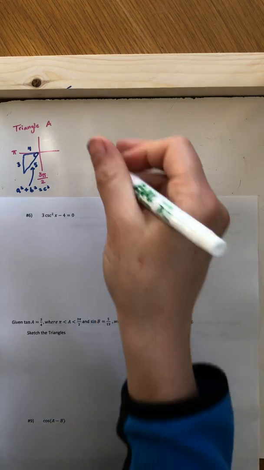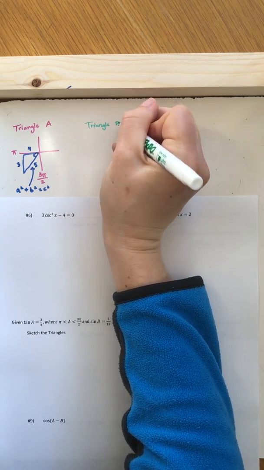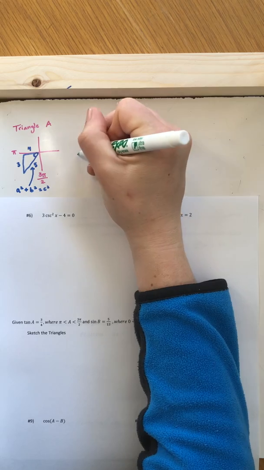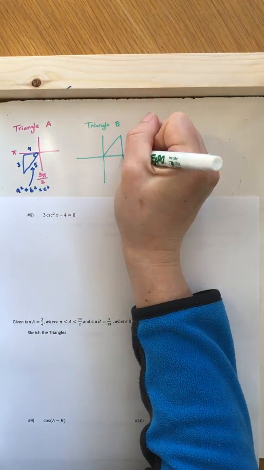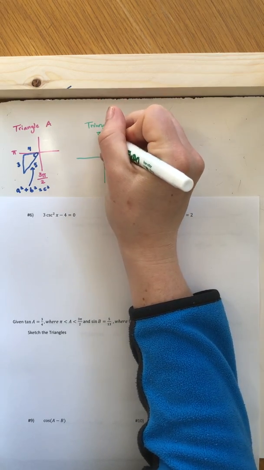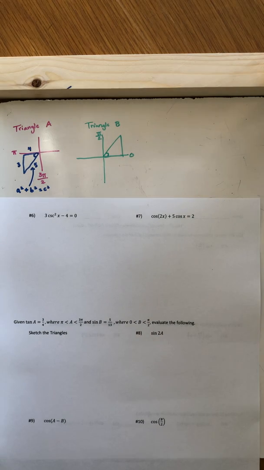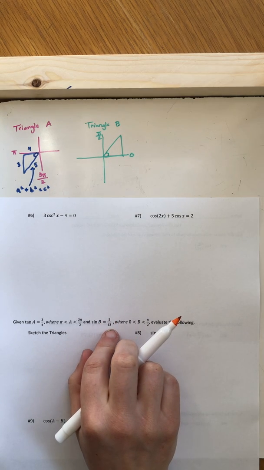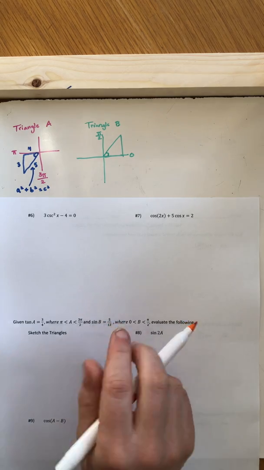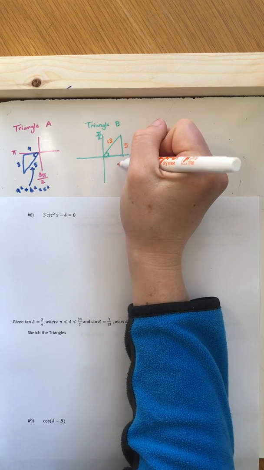Now for triangle B, triangle B is between 0 and pi over 2, so that's the first quadrant. And my angle is up against the x-axis. And it tells us sine of B is 5 over 13. So sine is opposite, so the opposite side is 5. The hypotenuse is 13.